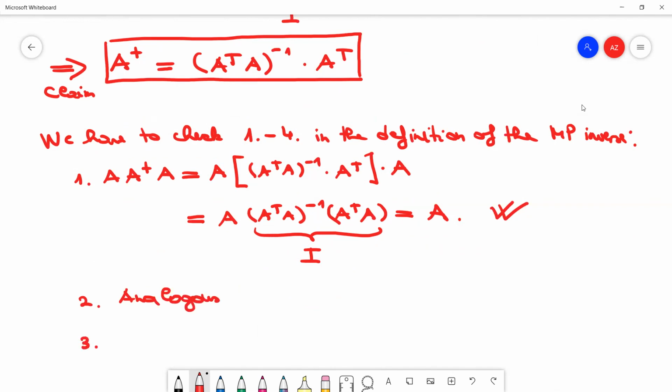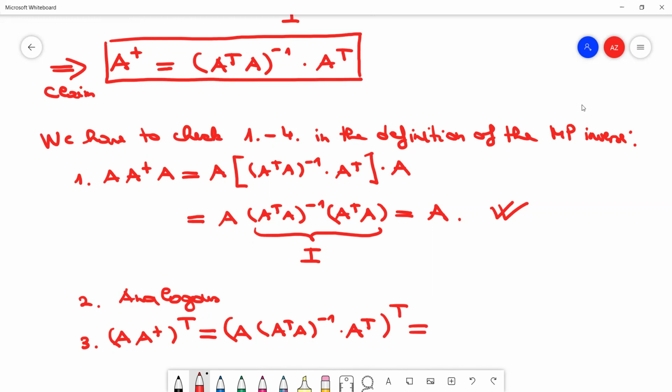And then the third is to check that A plus A is symmetric. And here we will use one of the remarks. So (A plus) transpose is (A transpose) plus. So let's calculate this condition. So (A plus) transpose, we plug in the candidate for A plus, (A transpose A) inverse times A transpose, and transpose everything.